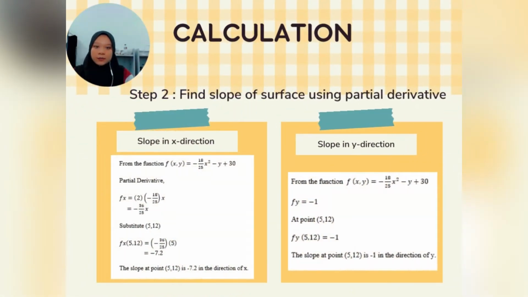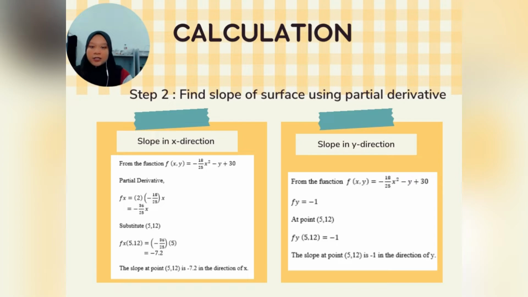For step 2, we have to find the slope of the surface using partial derivative. For the slope in the x direction, from the function f(x, y) equals negative 18 over 25 x squared minus y plus 30, by using the partial derivative, we get that fx equals negative 36 over 25 x. We substitute the x and y values into the function.